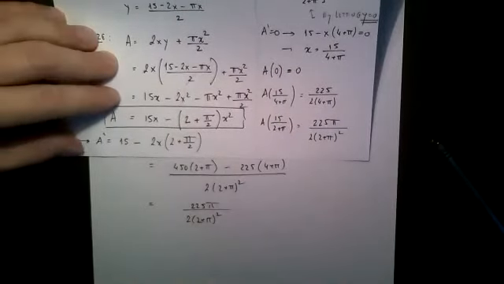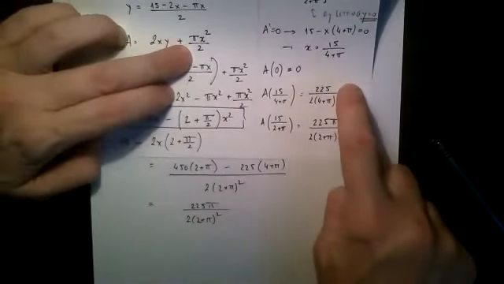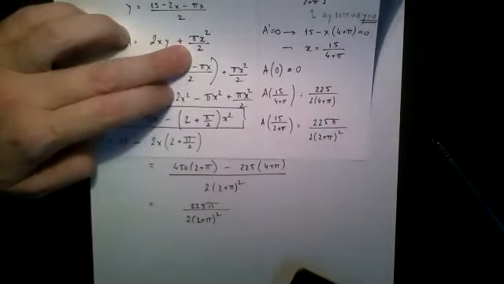Okay, so I get that this is the maximum. 225 divided by 2 divided by, it's about 15.8, and here $13.